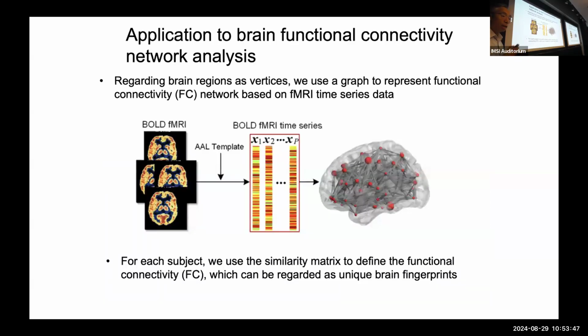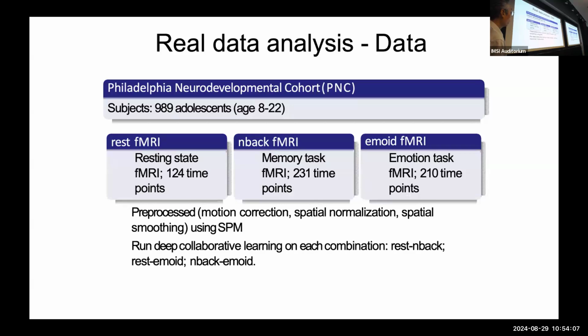Let me show the application. We can apply this model to study the brain connectivity network. We know the brain connectivity network can be used as brain fingerprints and can be linked with cognitive behaviors. Here we tested the model on the Philadelphia Neurodevelopmental Cohort study.